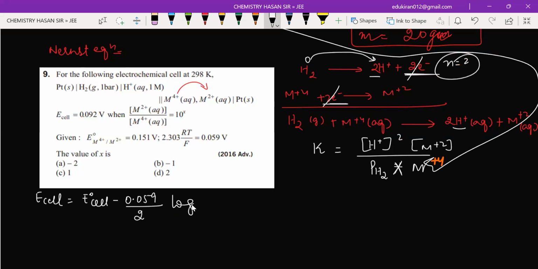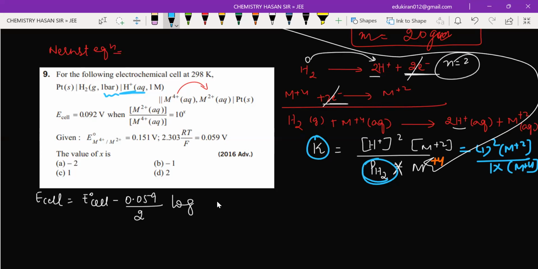Now log of K can be written as what? The concentration of H plus is 1, so 1 squared, and here it will be M plus 2 as it is, and here the pressure of hydrogen gas is also 1, and it will be M plus 4. What is the value that you will get of K?